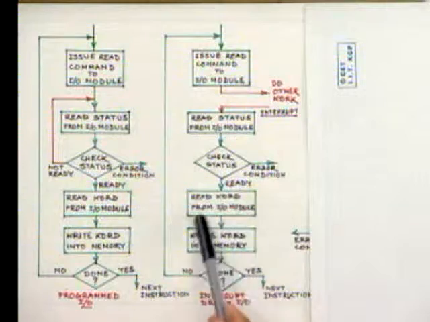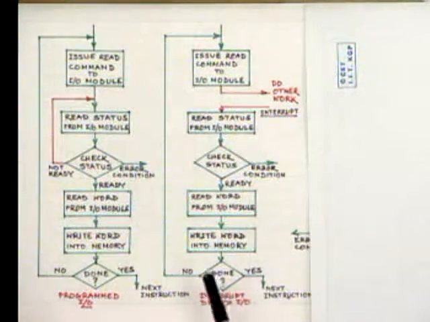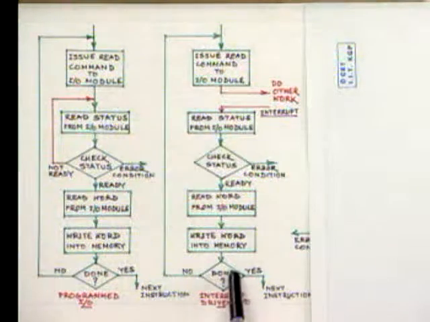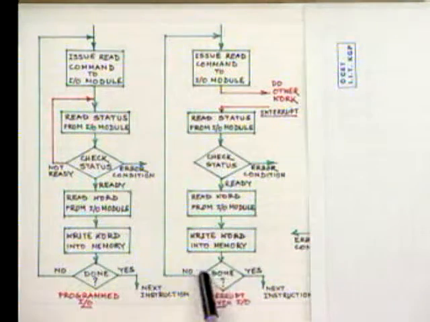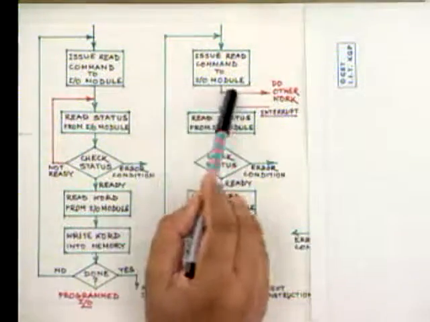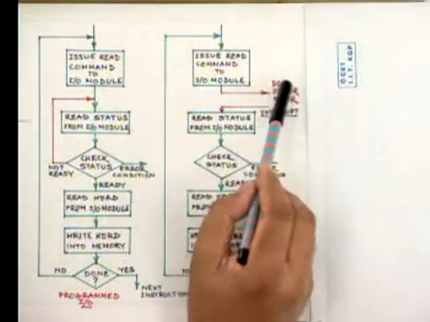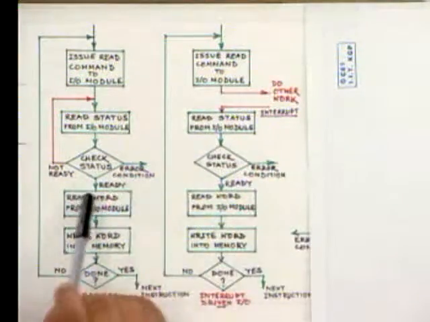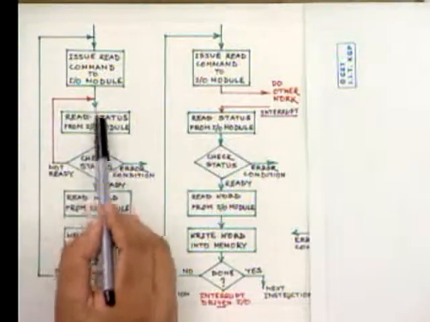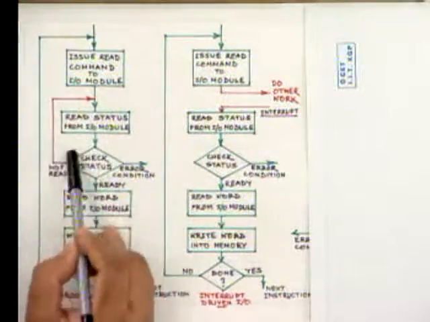I am assuming that no processing is being done over here, and then it checks whether all the bytes for the block transfer have been done or not. If not, then it goes back and issues the read command once more, and then goes over to do other useful work. Now you can see that the CPU is not waiting anymore in a very tight waiting loop.